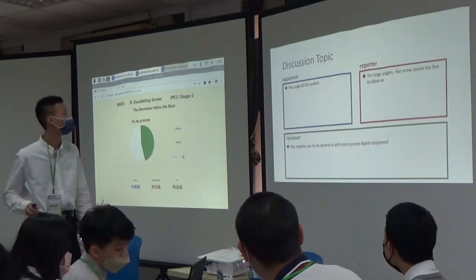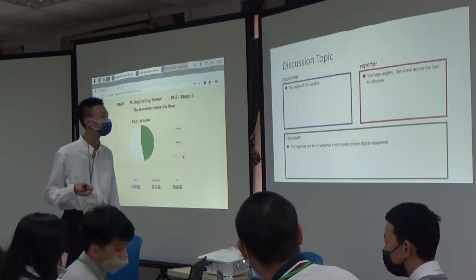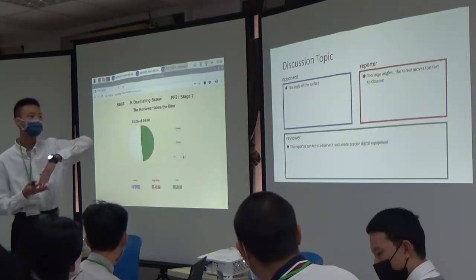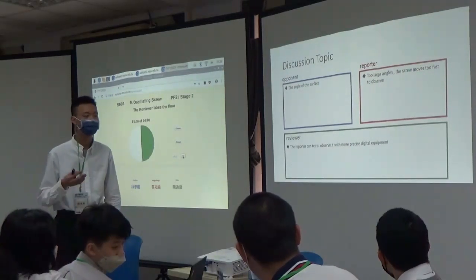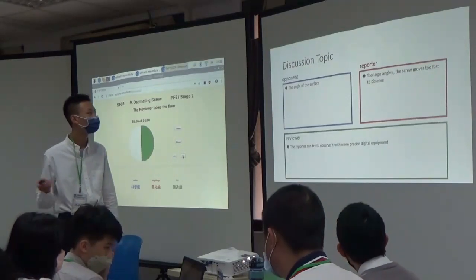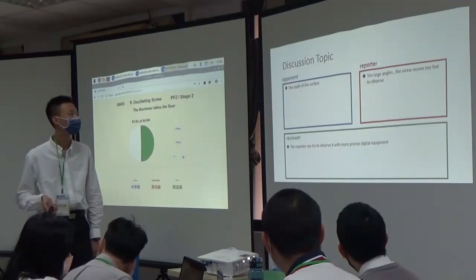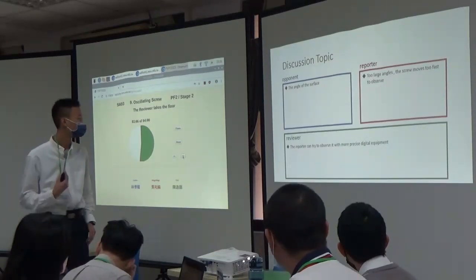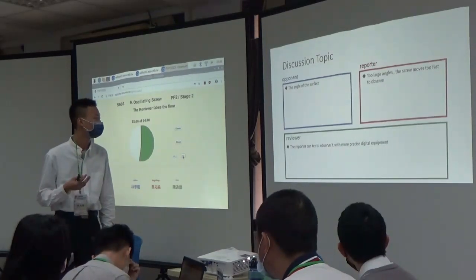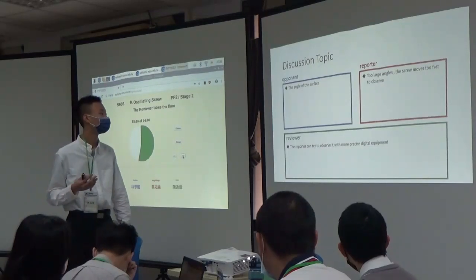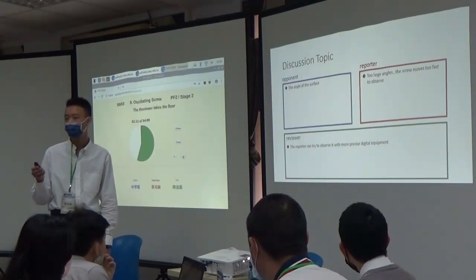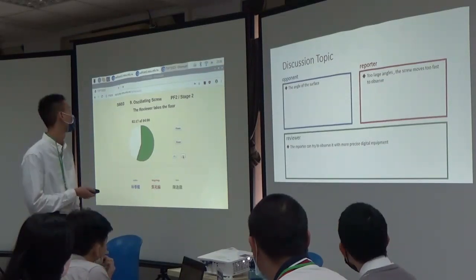Here's the discussion topic. They first talked about the angle of the surface, and they asked why they did not put in larger angles, and the reporter explained that with too large angles the screw moves too fast to observe. In the reviewer's opinion, the reporter can try to observe it with some more precise digital equipment to see if it has other influence on the oscillation.